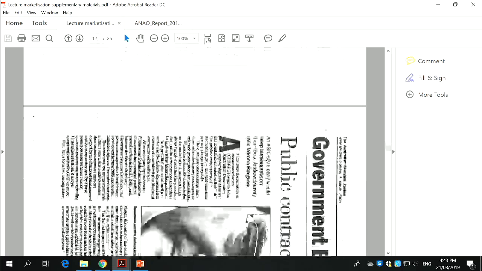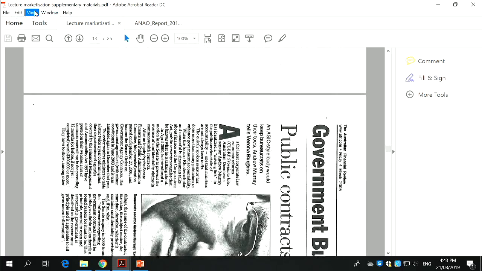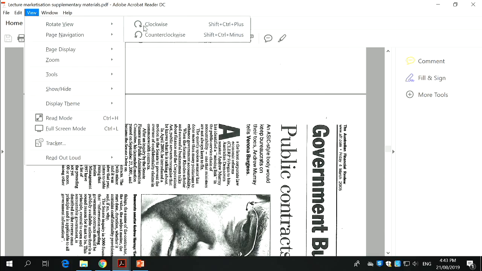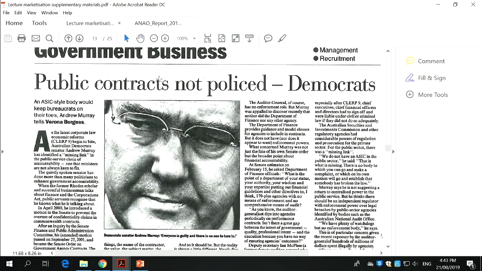Another newspaper article is about how public contracts are not policed. It talks about all these contracts, and even though the ANAO conducts some audits into the contract management, some areas are not really enforced, because the ANAO only conducts the audit but does not have an enforcement role.